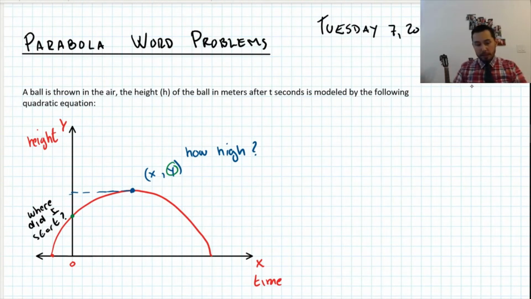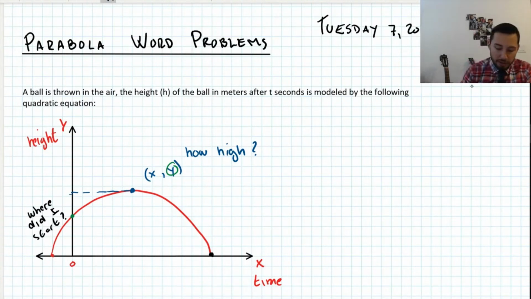Well, if I know that my x-axis is time, and I know that I started at 0, then this point right here is going to tell me when I ended, right? So how long until the ball fell? So when did the ball reach the ground?